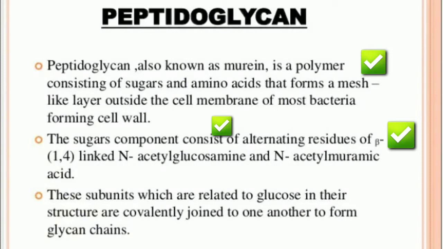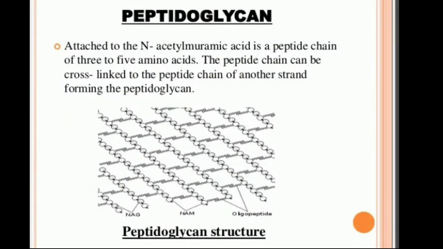These subunits, which are related to glucose in their structure, are covalently joined to one another to form glycan chains. Attached to the N-acetylmuramic acid is a peptide chain of 3 to 5 amino acids. The peptide chain can be cross-linked to the peptide chain of another strand, forming the peptidoglycan.